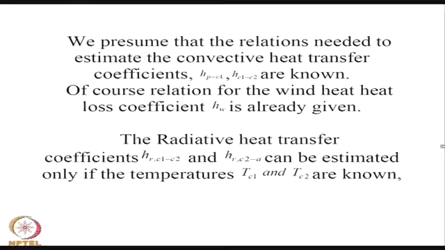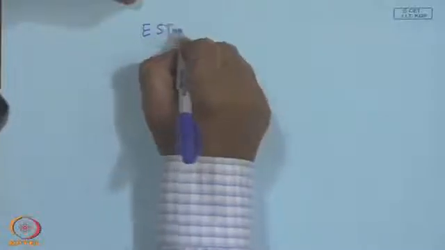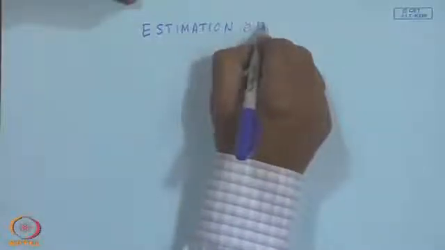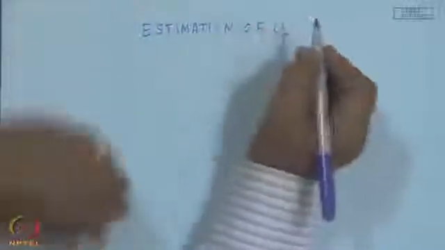If there is only one cover, we will not worry about R1, and it will be only R2 and R3. So, how do we estimate now UL? The idea is you need R1, R2, R3, R4. R4 is simple, it is L by K. So, we shall want to estimate this UL.